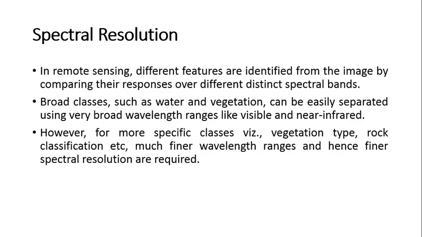However, if you want to go to more specific classes, for example vegetation type classification, rock classification or sand type classification, we require a much finer wavelength range, and hence a finer spectral resolution is required. For example, to show the difference, you can see here the spectral resolution at different bands.